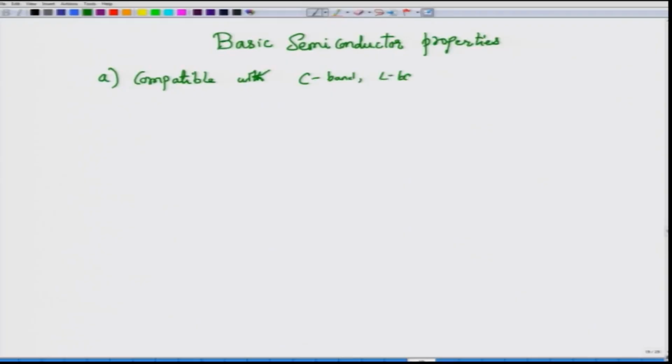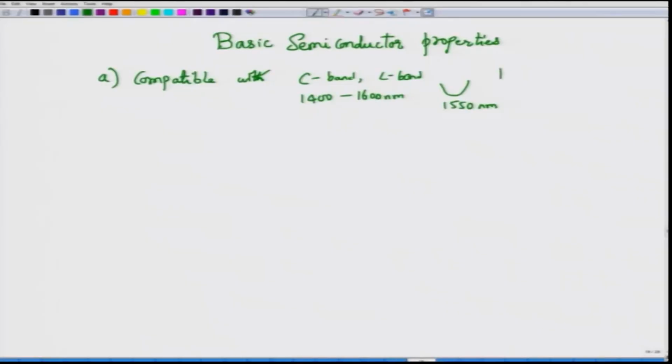Which means that it can be operated over a wide wavelength range, say 1400 to about 1600 nanometer, with 1550 being the wavelength at which one actually sees that the fiber attenuation is minimum. So, in this range, the availability of a semiconductor laser means that we have a light source which is compatible with the operation of fiber optic communication systems.